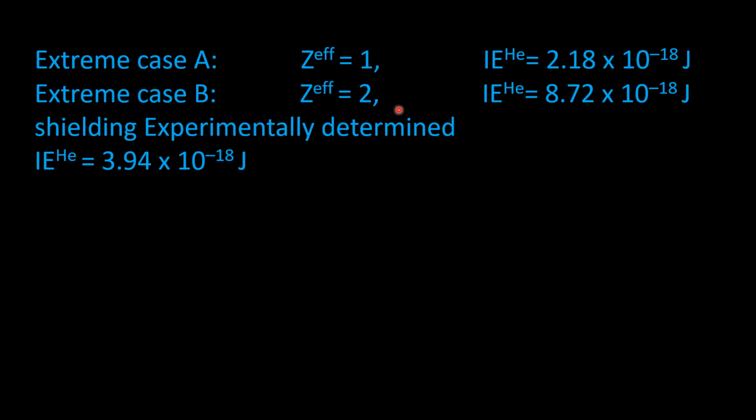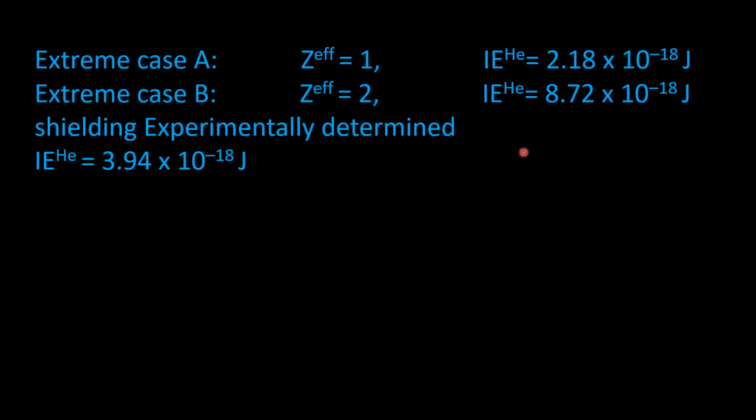So electron 1 experienced the full charge of the nucleus, and the ionization energy of the helium atom was equal to 8.72 times 10 to the power of minus 18 joule.